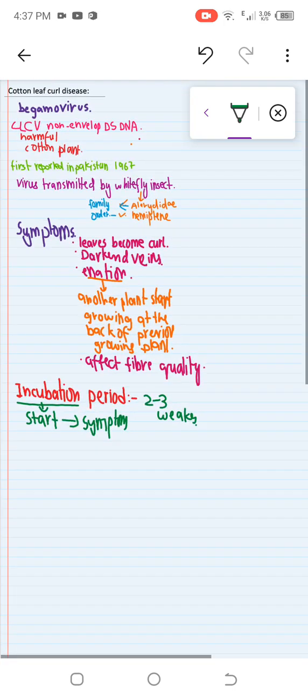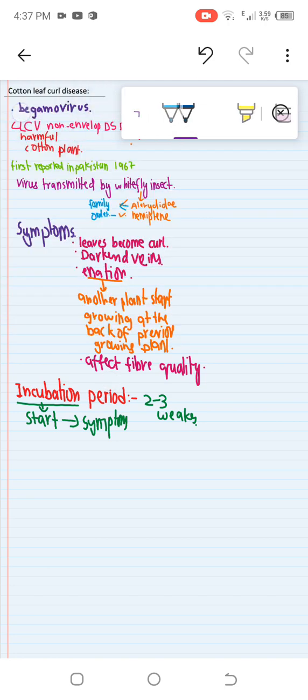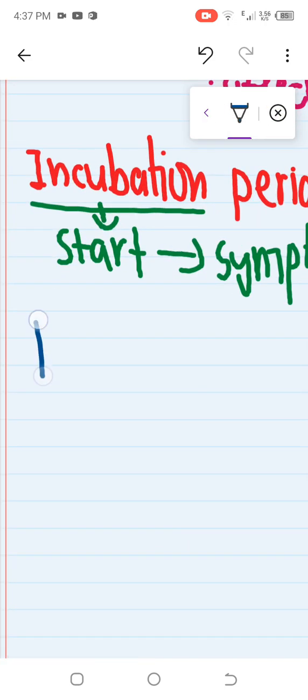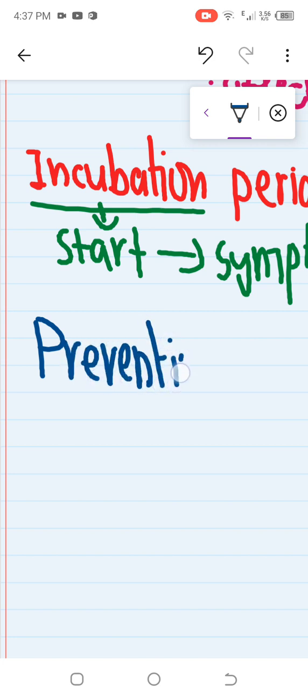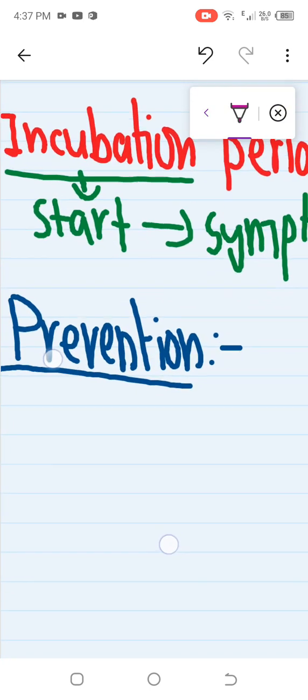Now let's talk about prevention. How does prevention occur? First, use insecticide spray. This is a chemical which is used to kill insects like whitefly.